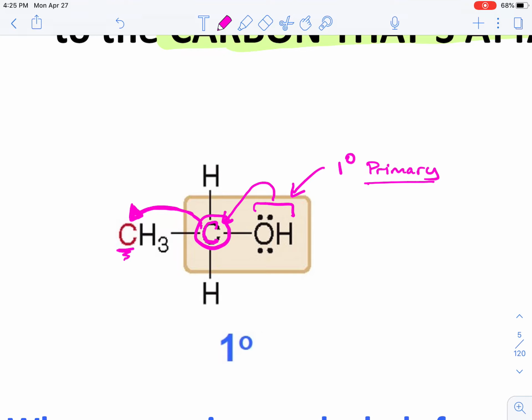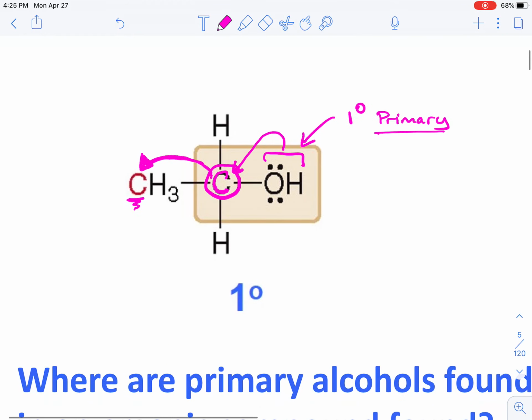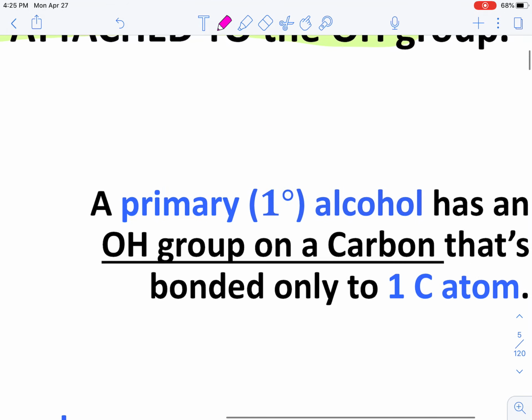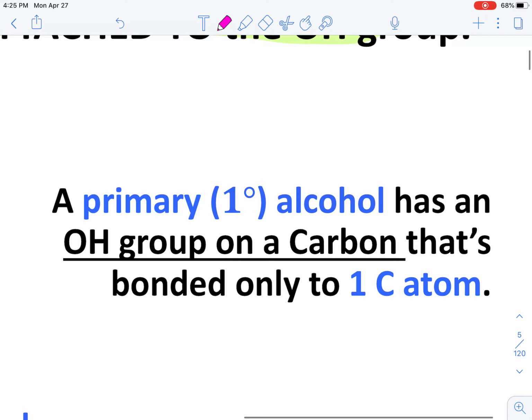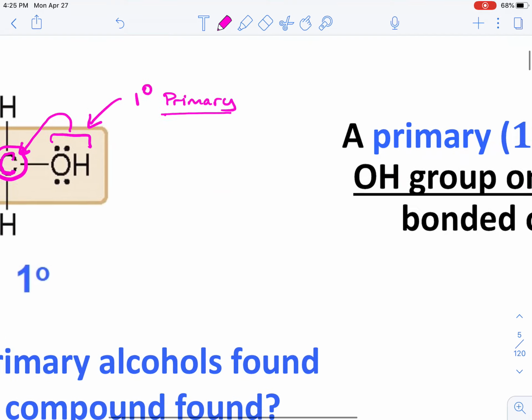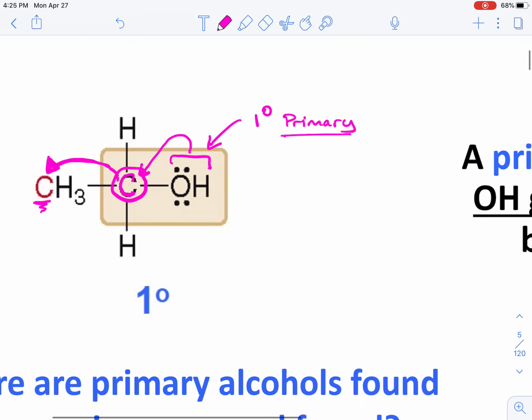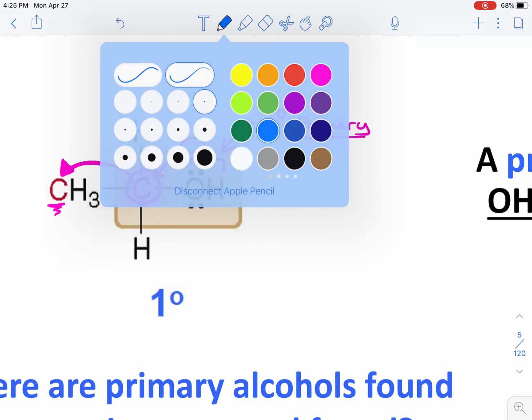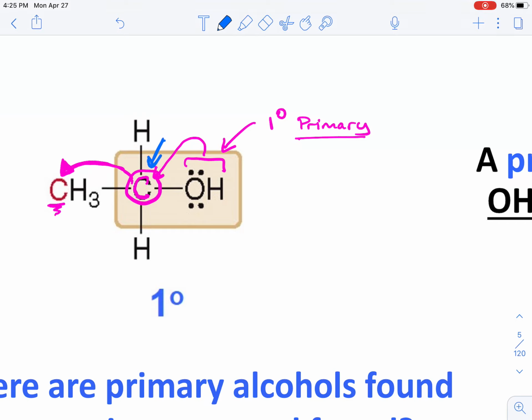Okay. And so here I just wrote it down. A primary alcohol has an OH group on a carbon that's covalently bonded only to one carbon atom. And so we're talking about the central atom being covalently bonded to another carbon.